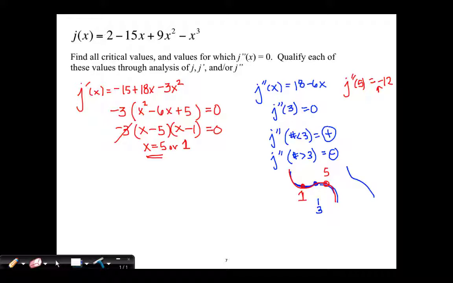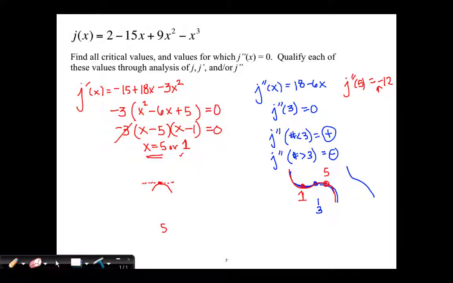So visually speaking, if you want to picture a horizontal tangent line, that's okay. But I also know that my graph is curved down at that point. So I have essentially 0 rate of change right around x equals 5, and my graph is curved downward. So this is what's going on at 5.